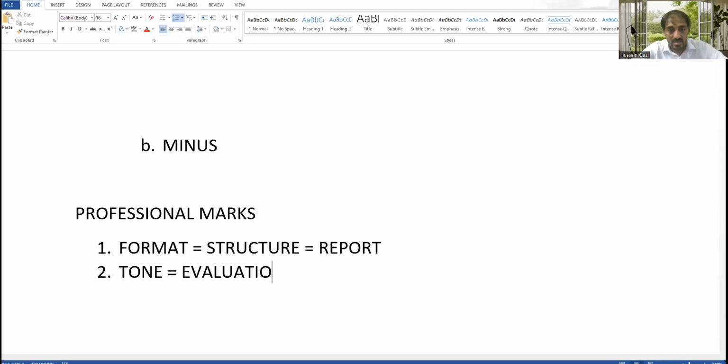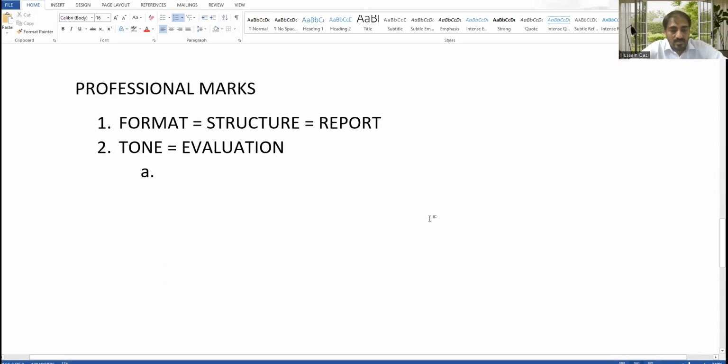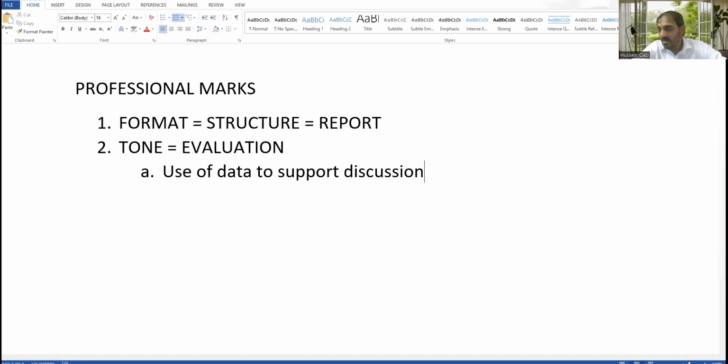So here, evaluation. Sir, what does evaluation with the finance include? Number one, use of data or information inside the question to support discussion and draw appropriate conclusion.